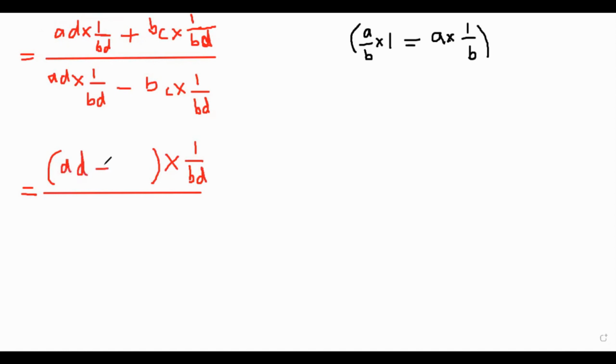AD plus, next, 1 by BD is common, so BC is left here. So BC. A similar pattern is followed for the denominator. So 1 by BD is common here on the right side, which is related to the right distributive property, and leftover are AD minus BC.